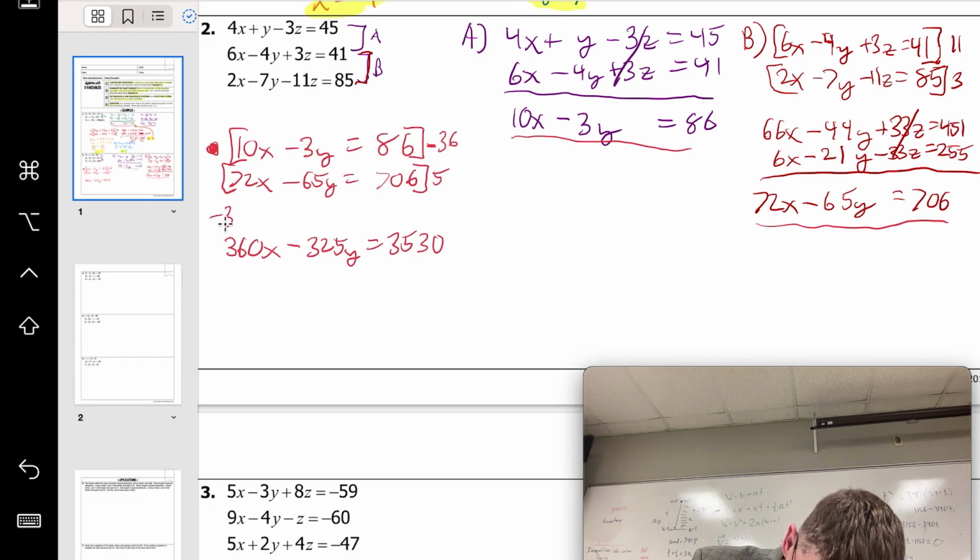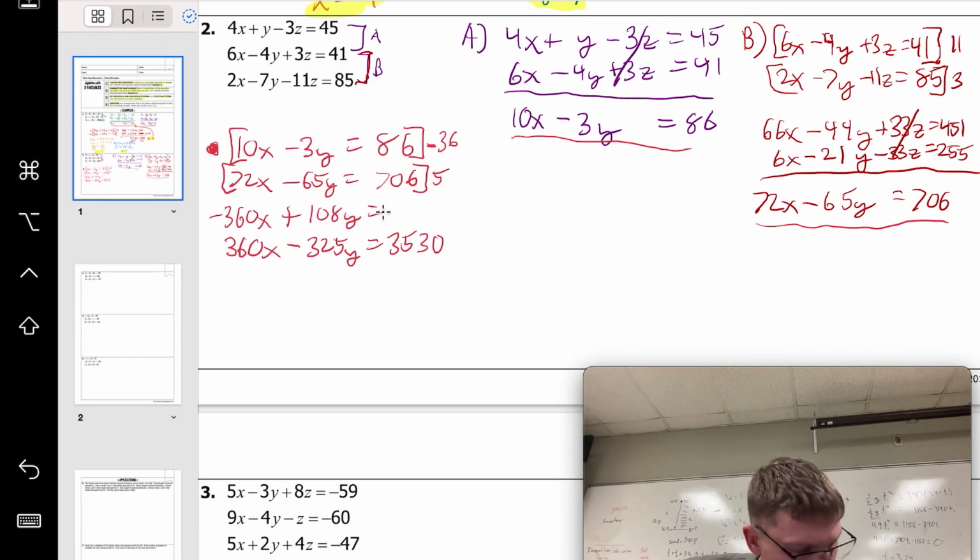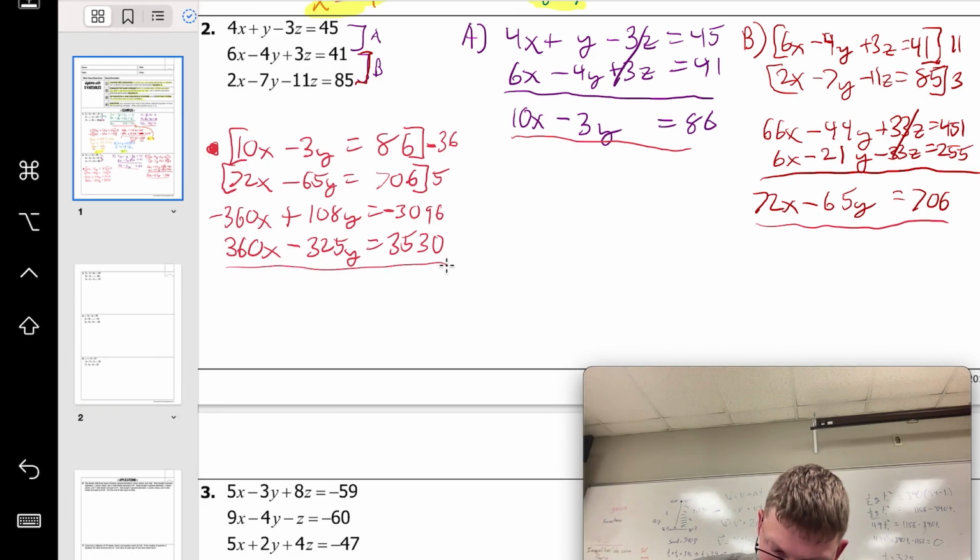So we're going to have negative 360x plus 36 times 3, 108y equals 86 times negative 36, which is negative 3096. So then from there, we're just going to add them.